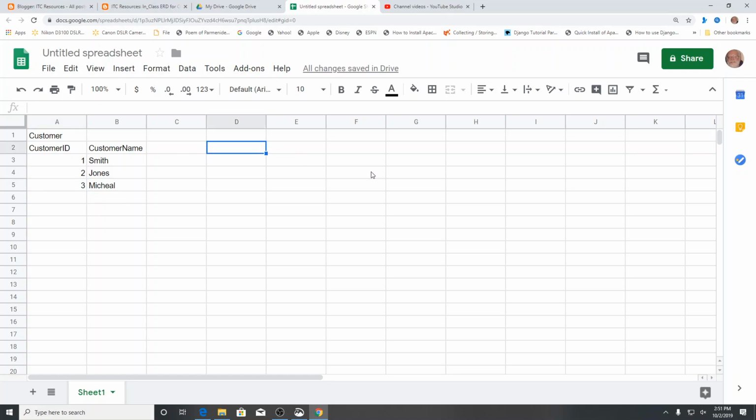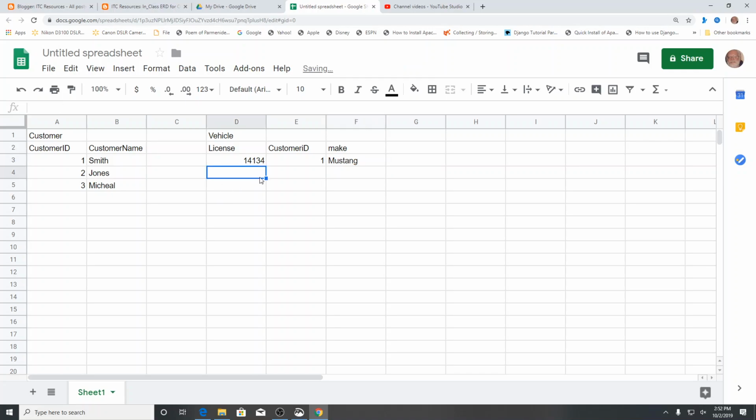So I'm going to do vehicle over here. And so in the vehicle, I'll have license, and then customer ID, and then I'm just going to do make. Sounds good. So the license and customer ID, this car belongs to customer 1, and it's a, I don't know, Mustang.